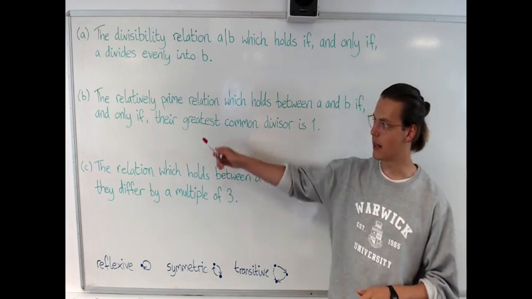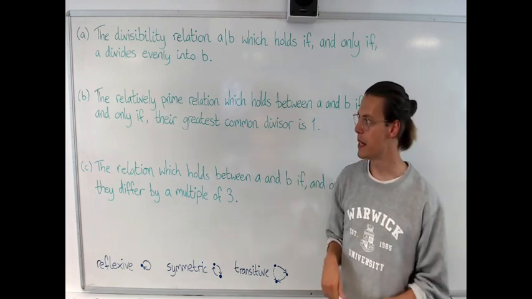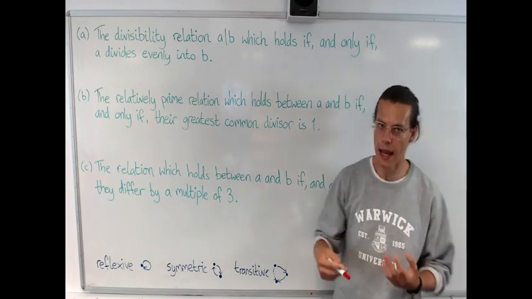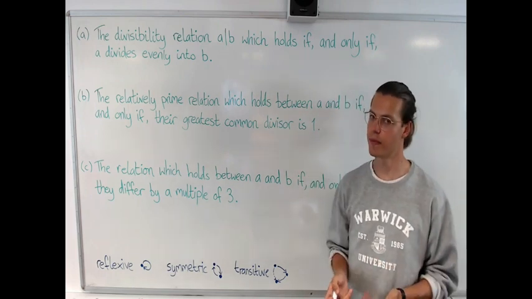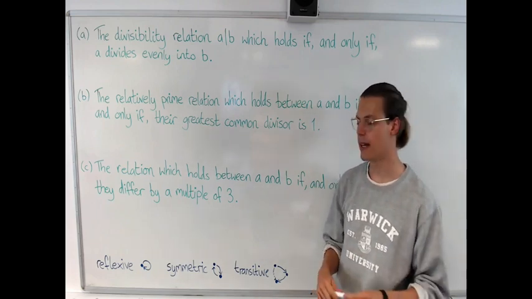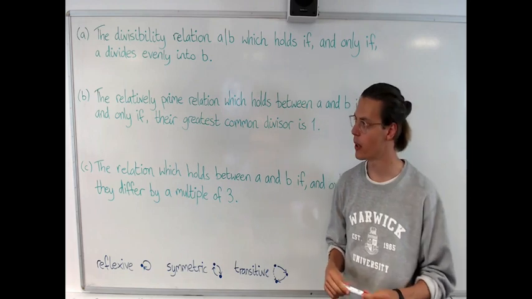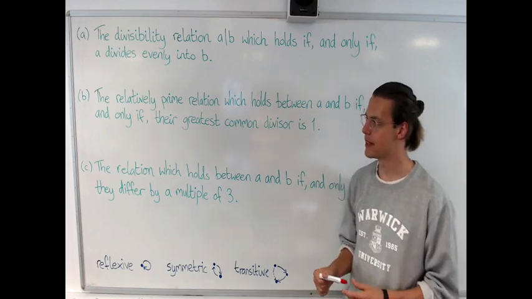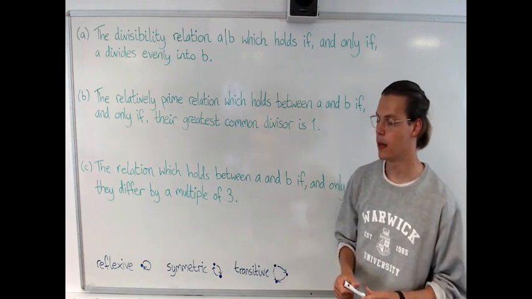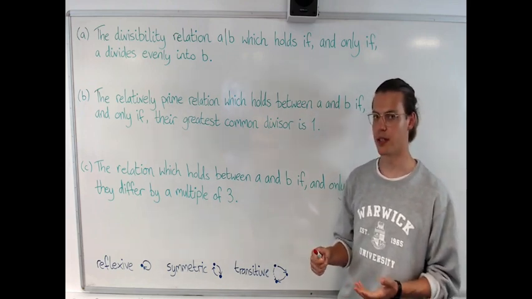Next, let's look at the relation in B, the relatively prime relation, where A is related to B if and only if their greatest common divisor is 1. So first of all, is this a reflexive relation? Consider the integer 2.